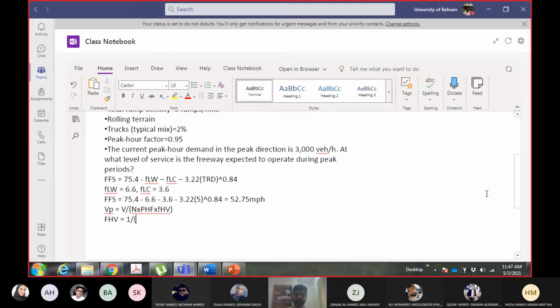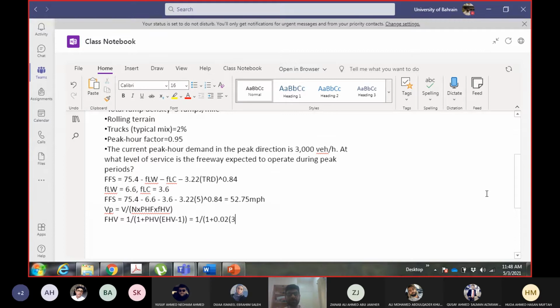The equation is this. Percentage of trucks is 2%, so 0.02. The equivalency factor for rolling terrain is 3.